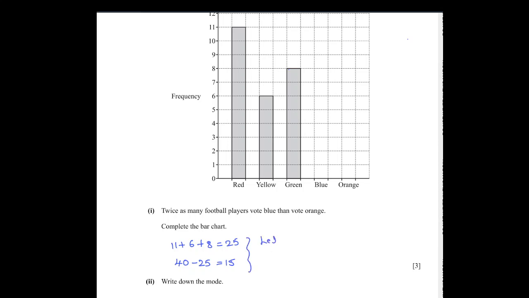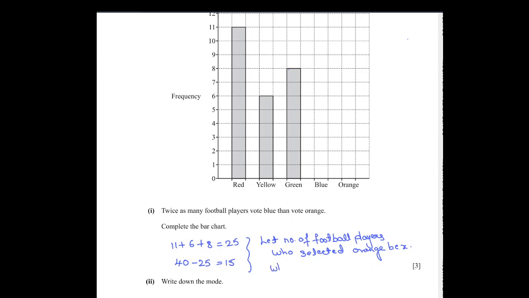Let the number of football players who selected orange be x, because they are saying twice as many football players vote blue than vote orange. So who voted for orange, let us take as x.